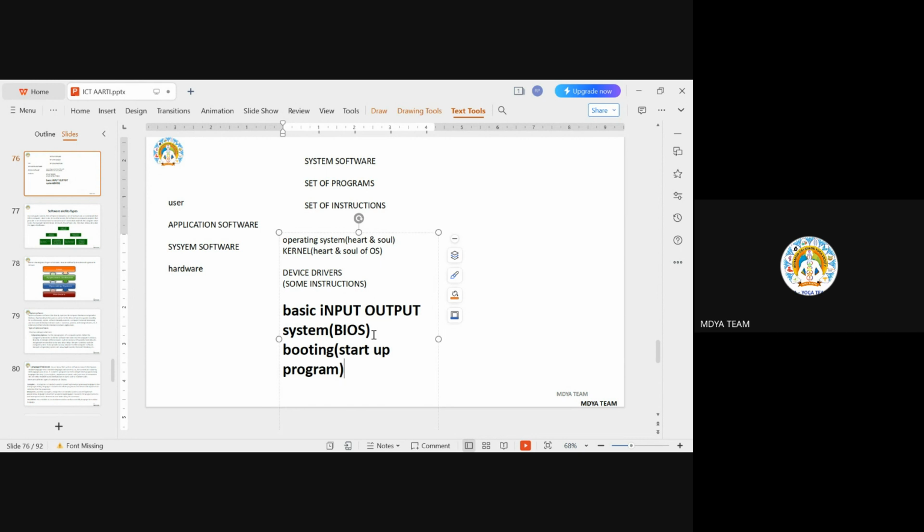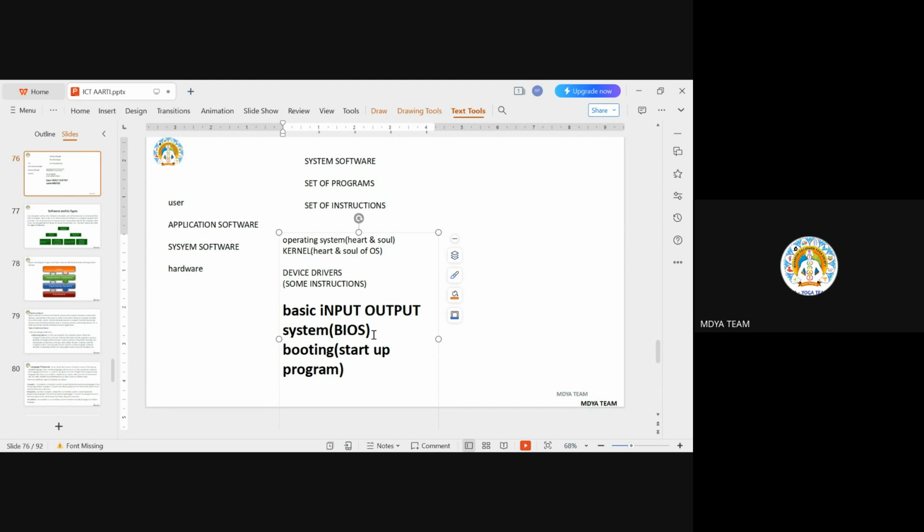The startup program has so many instructions written in the BIOS regarding startup. When you switch on the computer, some programs run behind the screen, inside the computer. That program is written in the BIOS, and that BIOS is present in the operating system.